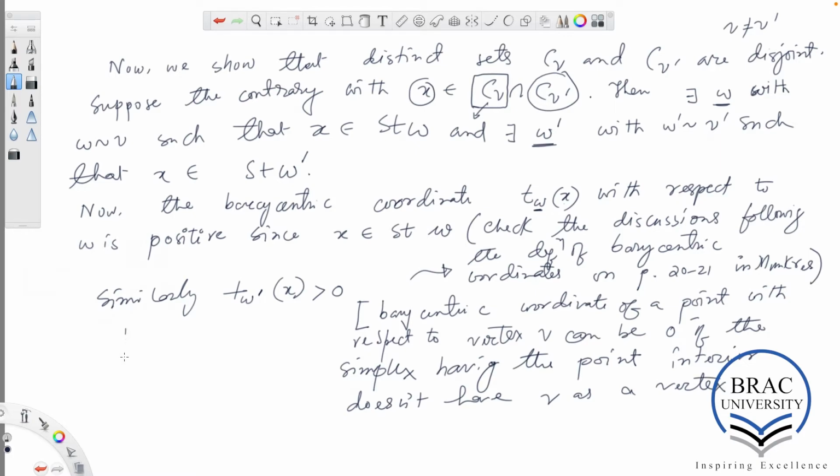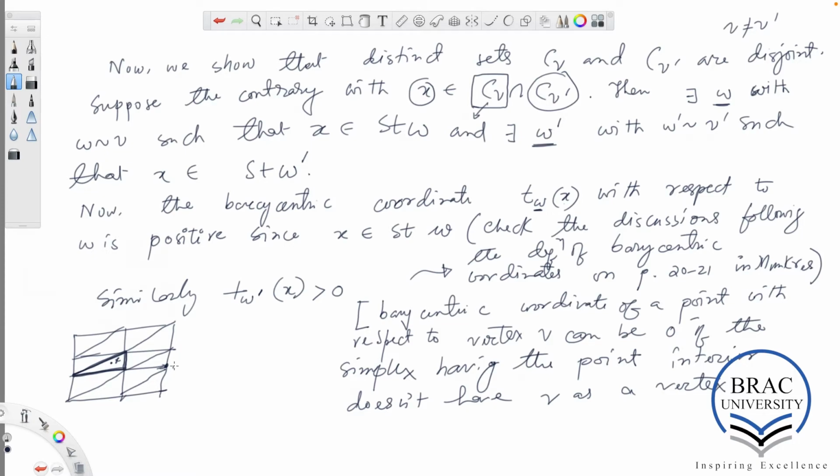Suppose you have a complex like this, and you're referring to this point x, and x lies in the interior of this simplex.